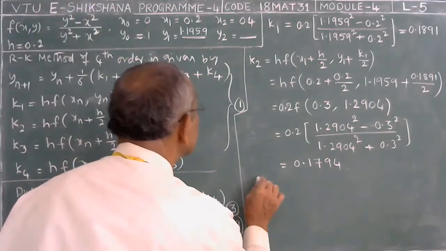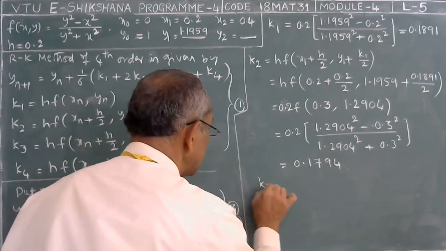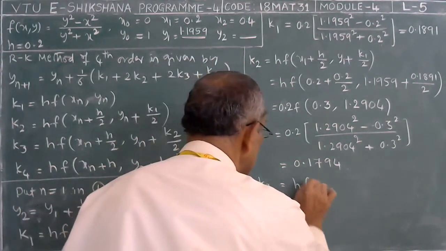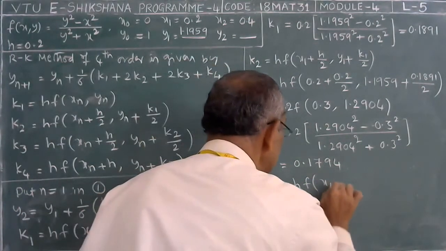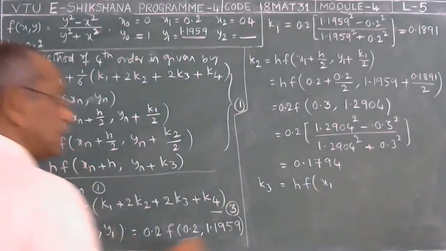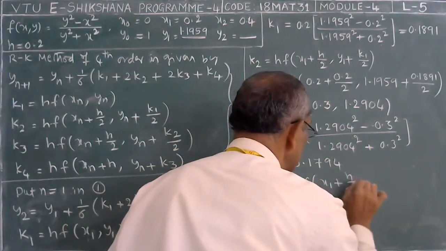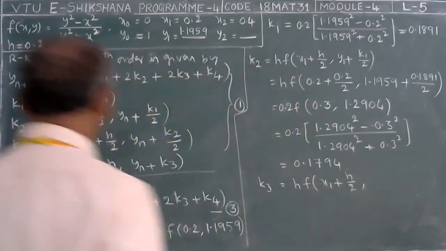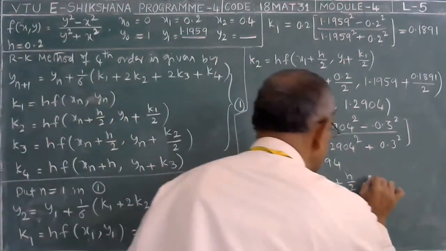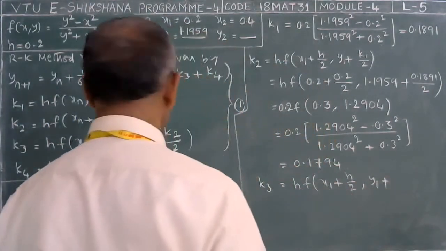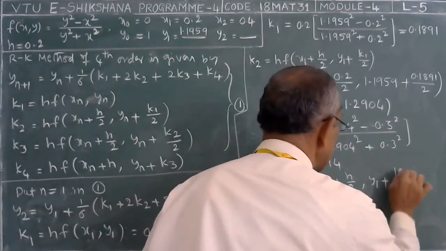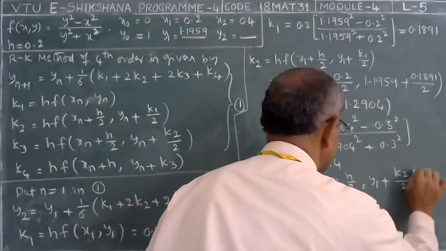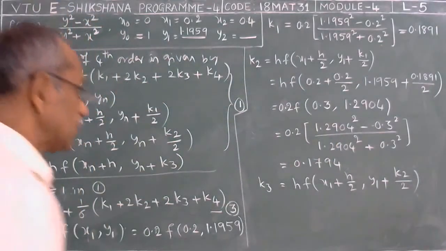Now let me calculate K3. K3 is h into f of, and n is 1, x1 plus h by 2, comma y1 plus k2 by 2. Now let me substitute here.